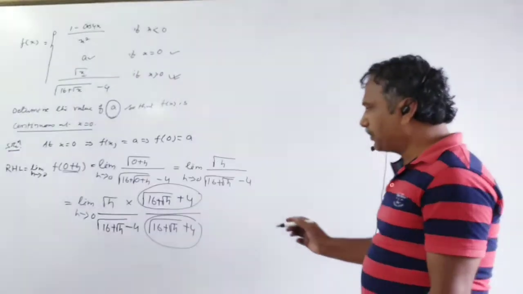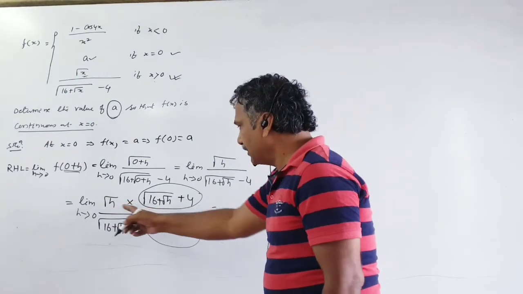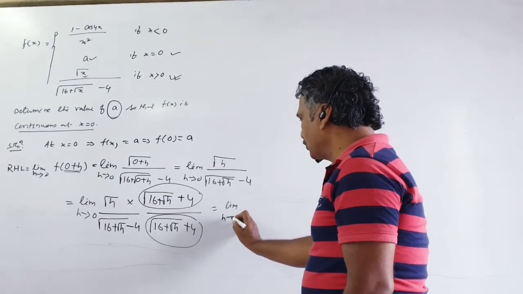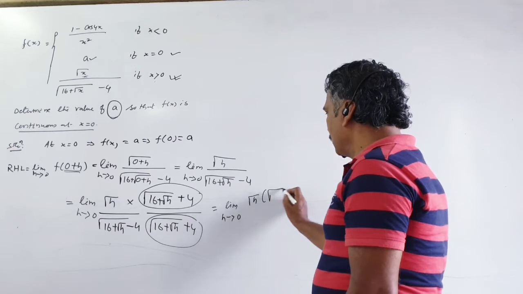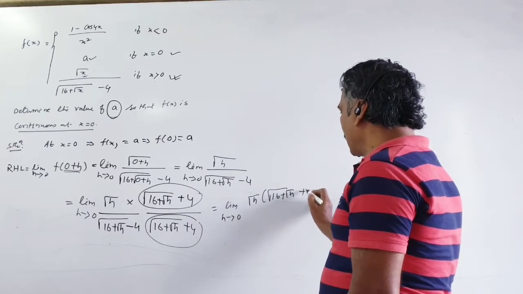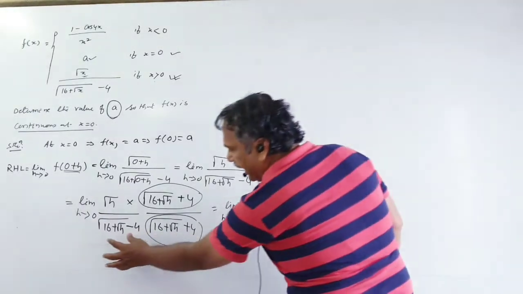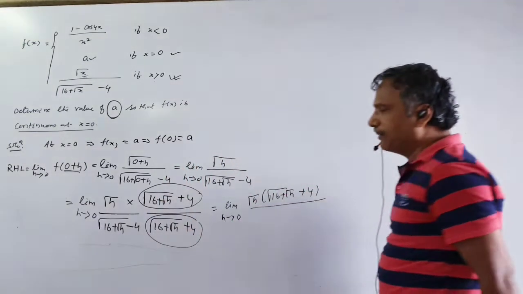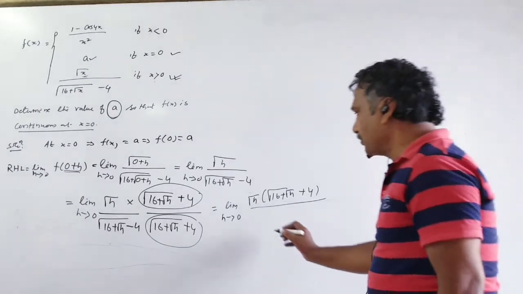Now the upper part remains, and the middle part remains: the limit as x tends to 0 of root x times root of 16 plus root x plus 4. The denominator is (a minus b) into (a plus b), which is a square minus b square.